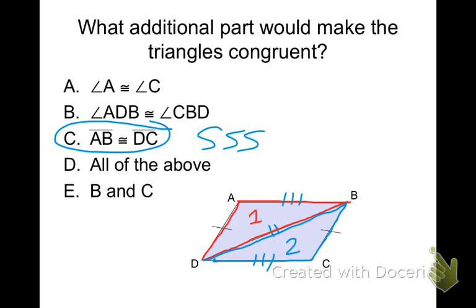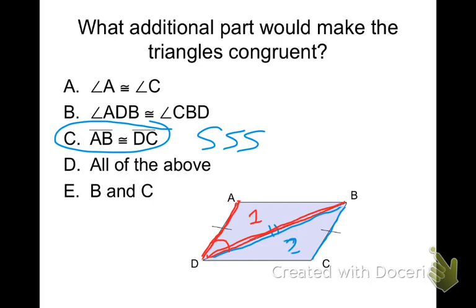But if we don't take that approach, what else will get us the congruence? It doesn't have to be three sides congruent. Another option is side-angle-side.